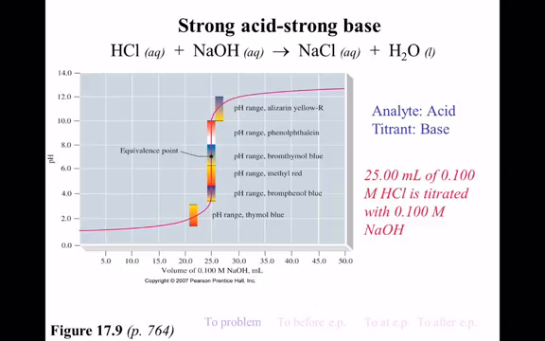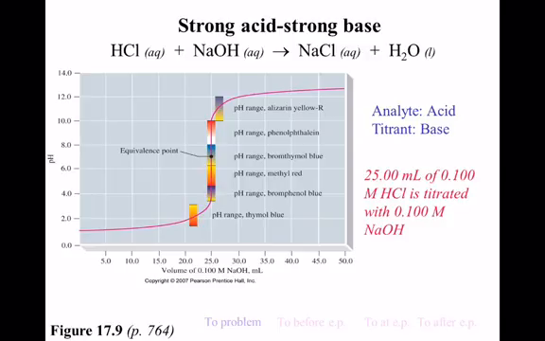This characteristic S-curve is what your pH goes through in a strong acid, strong base titration. This steep change right here, the inflection, that is your neutralization point. That is the tipping point when all of the HCl you have in here has been consumed by your NaOH.